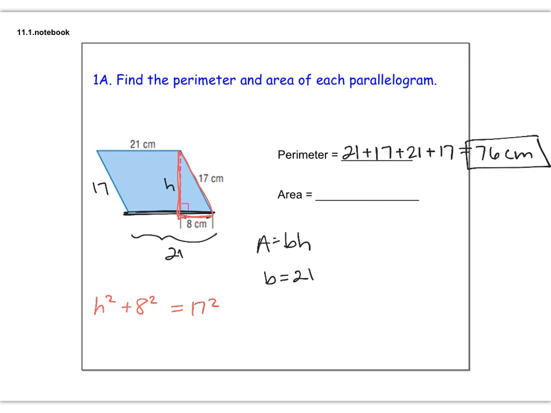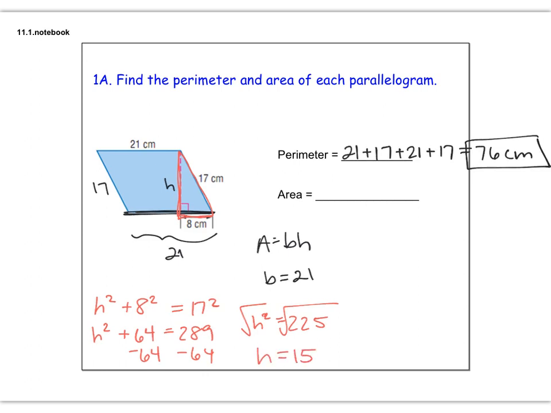So 8 squared is 64, 17 squared is 289. Subtract your 64, and you're left with h squared equals 225. And then we don't want h squared, we want just regular h, so we take the square root, and we get 15. So 15 is your height.